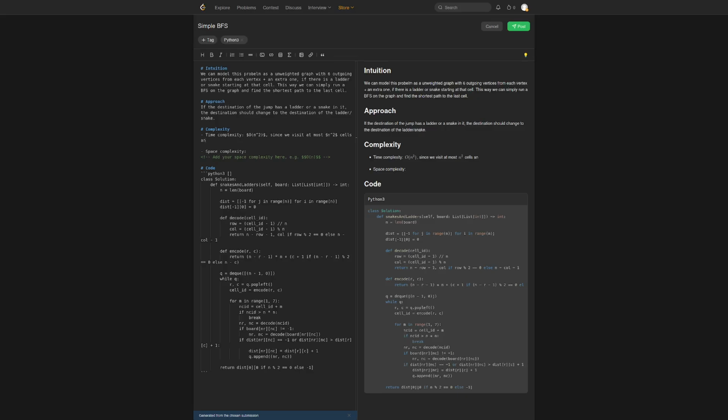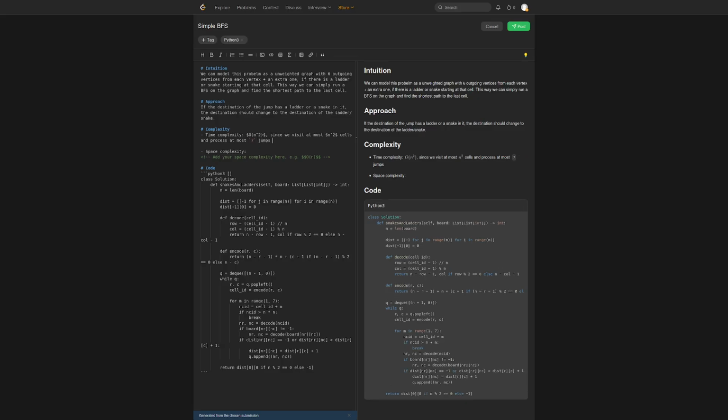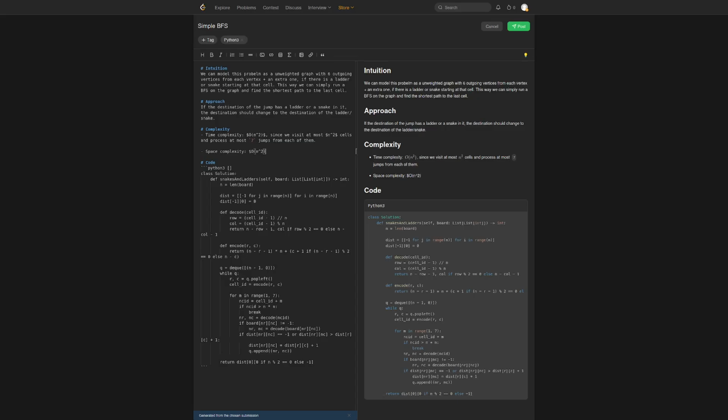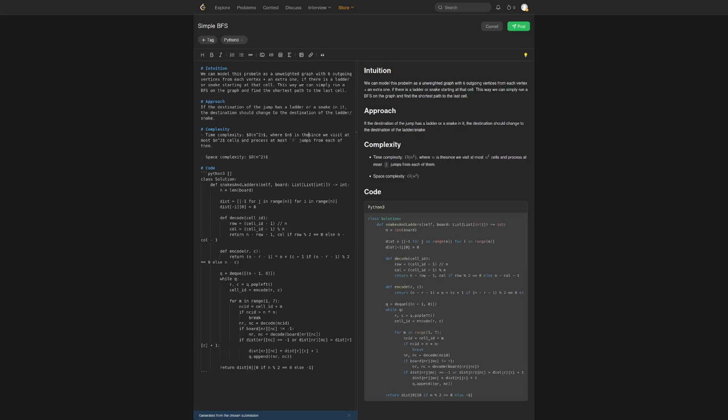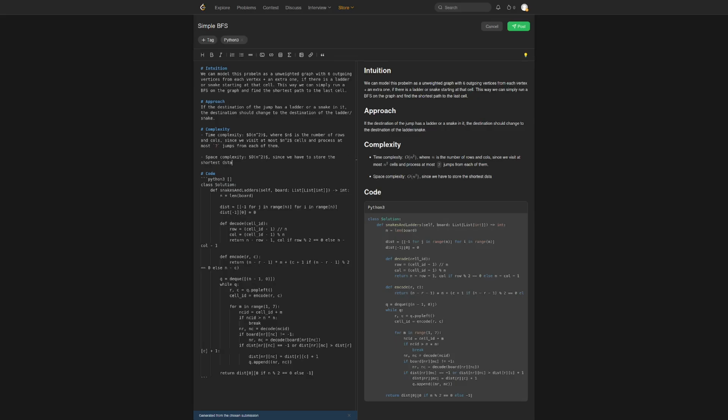Since we visit each cell and process at most 7 jumps from each of them, O(n squared), since we have to store the shortest distance per cell.